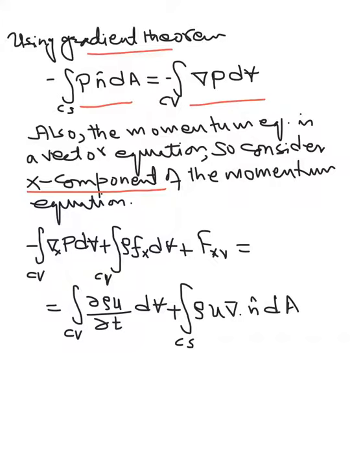So I have substituted the values of my pressure term here, which is onto the control volume, the body force x component already onto the volume, viscous force always onto the volume, and only this term needs to be converted onto the volume. To do that, I will again utilize the Gauss divergence theorem.